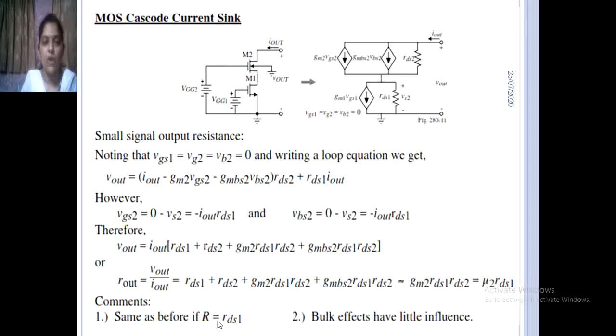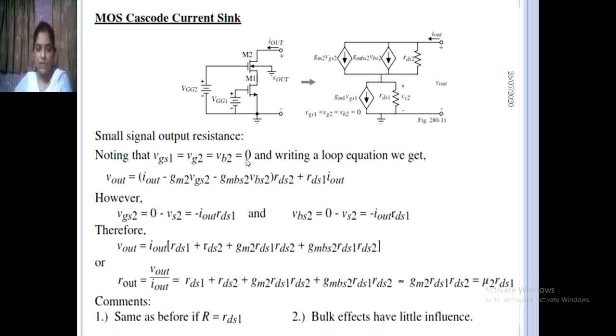Then the MOS cascode current sink we are going to see. Here M1 and M2, two transistors, PMOS and NMOS are used, and according to that we have implemented the equivalent circuit.